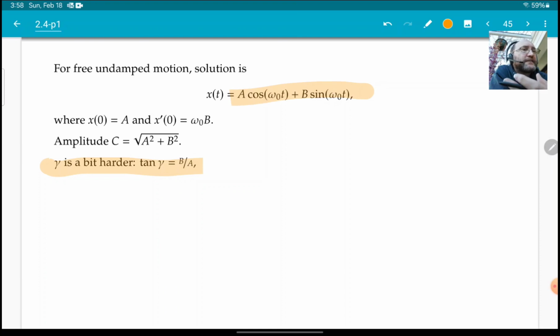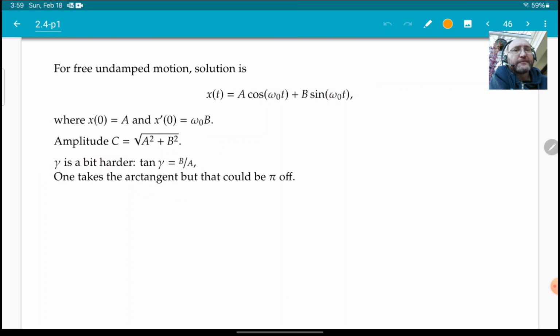If you look at the trigonometric identity that goes from this form to the c cosine of omega naught t minus gamma form, you're going to note that the tangent of gamma is b over a, which is precisely the same equation that you get for polar coordinates, when you're figuring out the angle from the point a, b. And solving that is not too bad. There's a small trick.